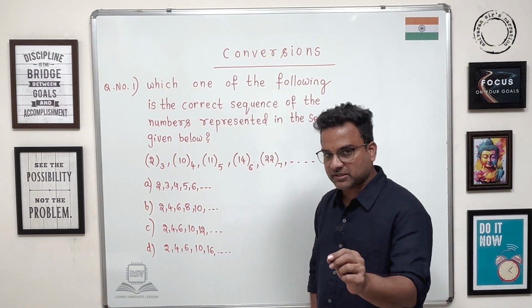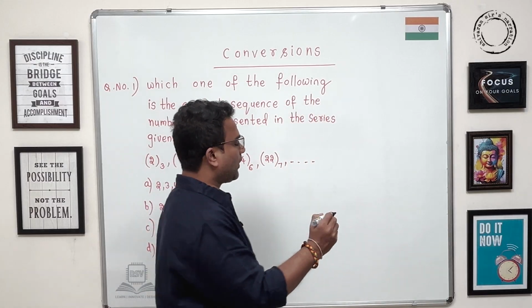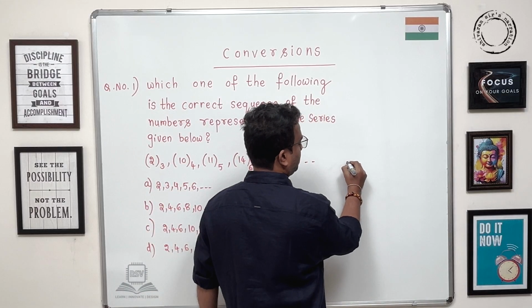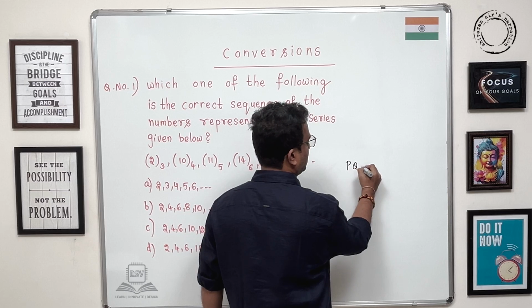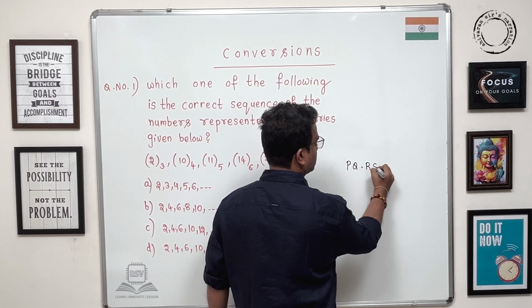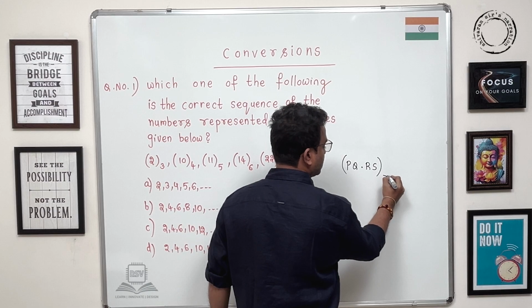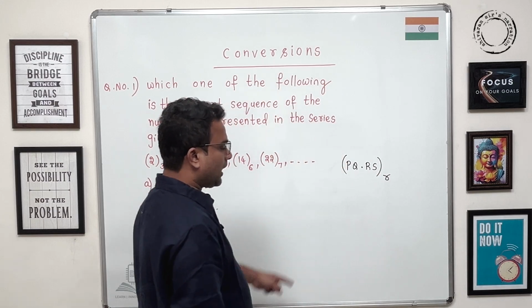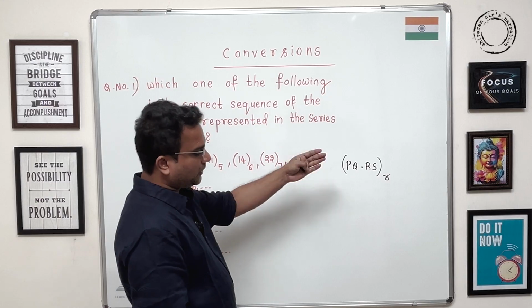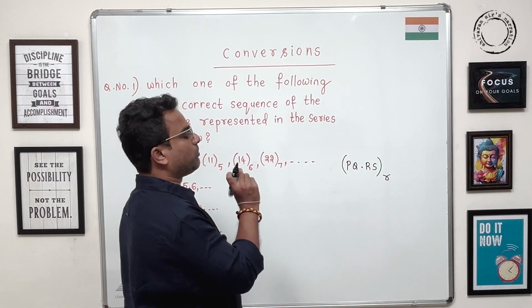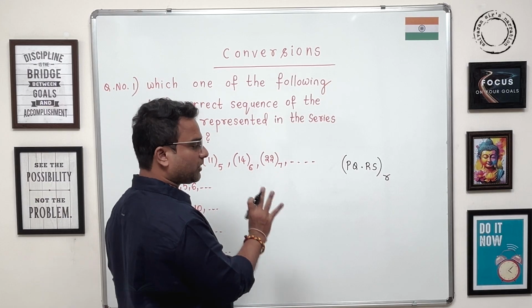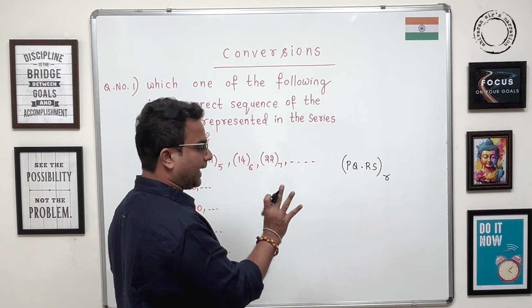The procedure is, guys, let us take one particular number, PQ dot RS. This is a particular number system, say small r. Then how can you convert this into decimal? You need to multiply with its positional weightage and add it.